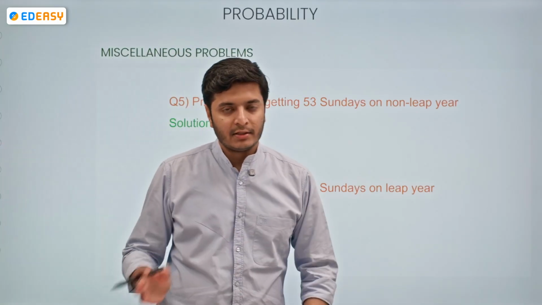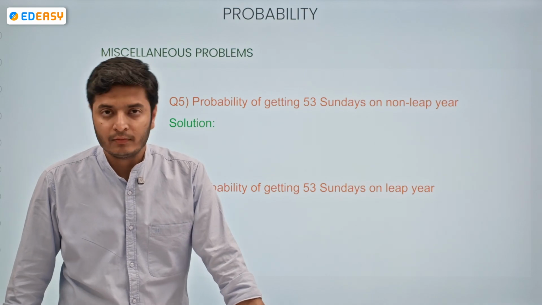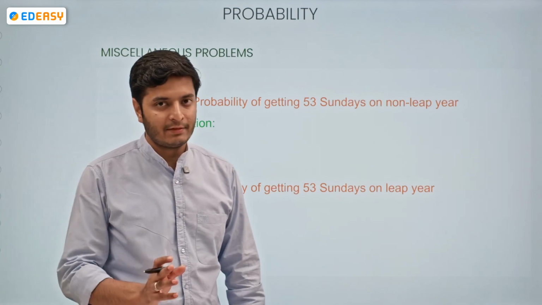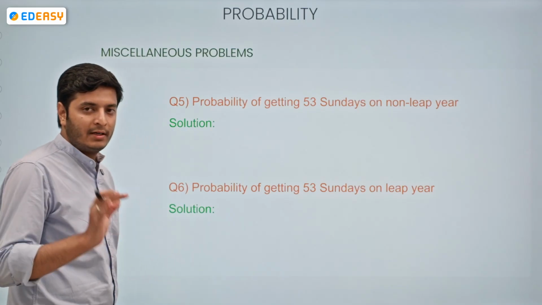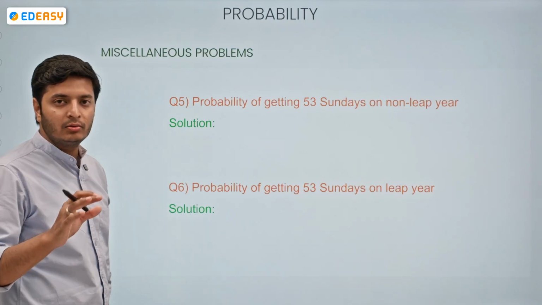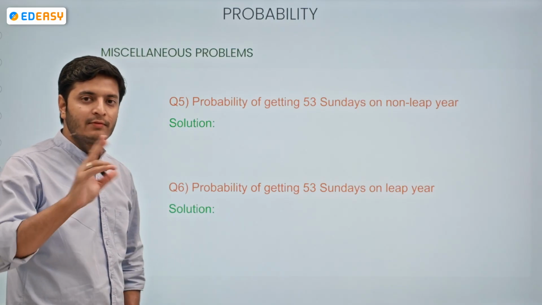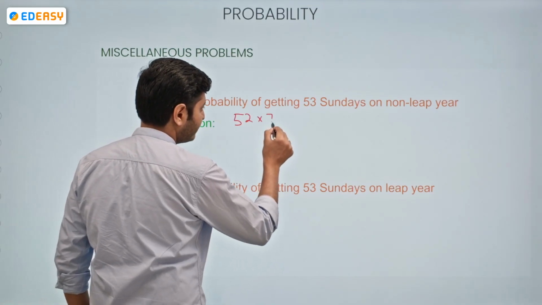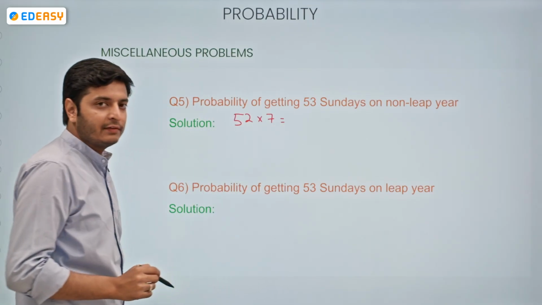How many weeks are there in a year? 52, we know this. So how many days are there in a week? 7. So the total number of days in 52 weeks would be 52 into 7. What is 52 into 7?